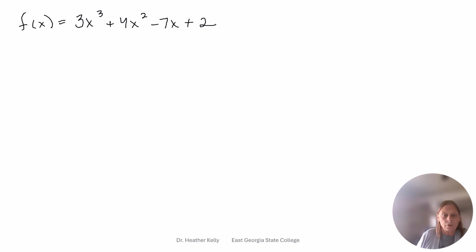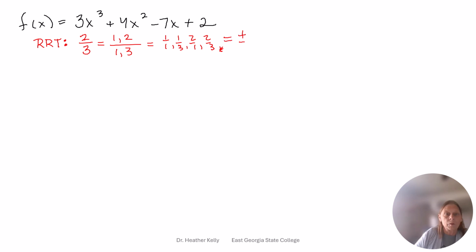Okay, so hopefully you paused and you're now back. And we're going to use our rational root theorem first to get our list of possibilities here. That's going to be plus or minus, and I'm going to do it this way.